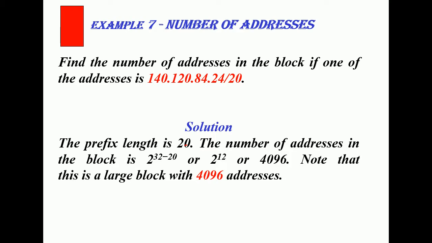Then 2 to the power 32 minus 20 equals 2 to the power 12, and when we calculate it, it becomes 4096. So it's a block of 4096 addresses, which is huge. We can allot 4096 addresses from the given block.